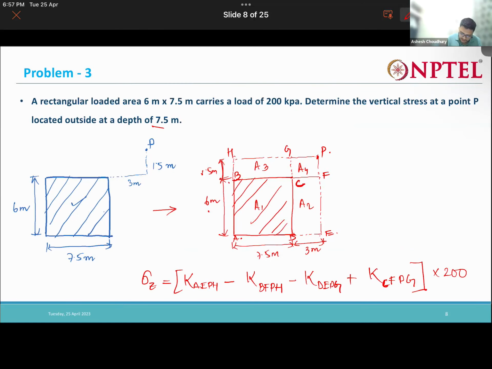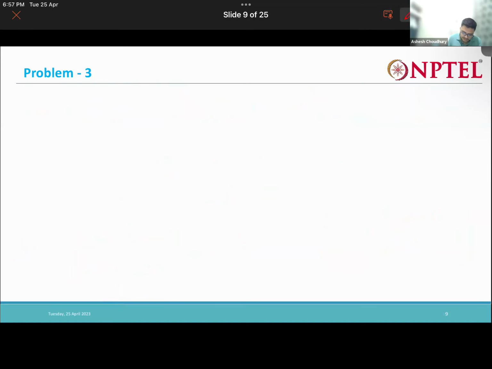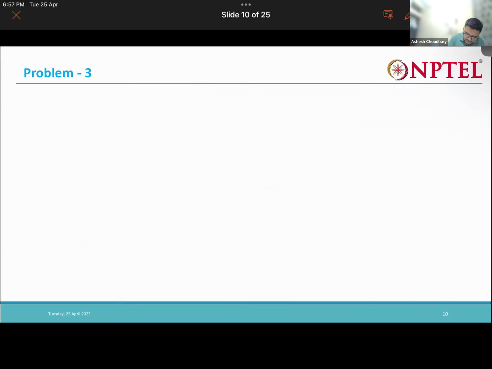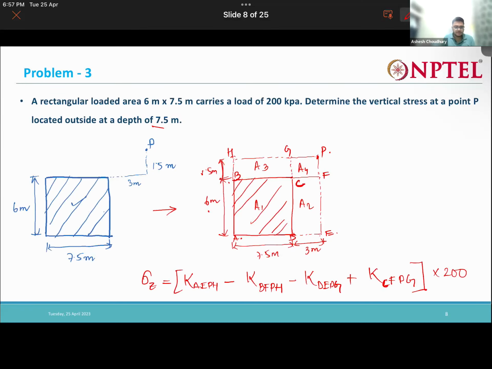Say BFPH. So K for BFPH. Here M is equal to L by Z. Can you just see and tell me for BFPH, how much is the L? 10.5.